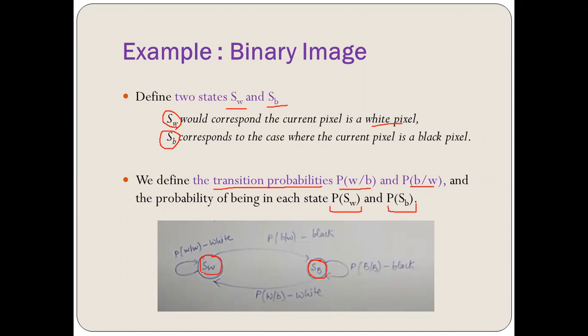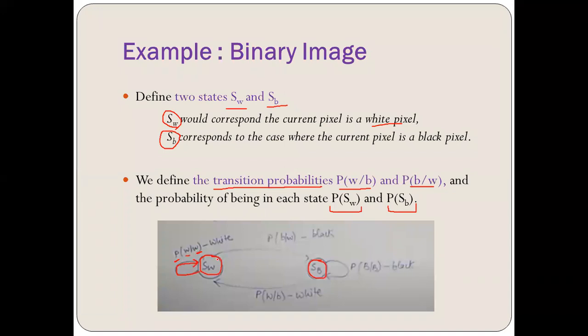If at present I am in the white state, there is a probability that a white pixel can come again. This is shown with the help of this arrow, because the current state is white and the future state will also be white. So this is the transition, which defines the probability of the white state coming after the white state.